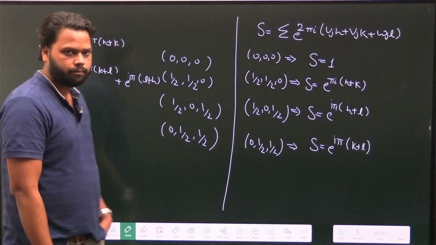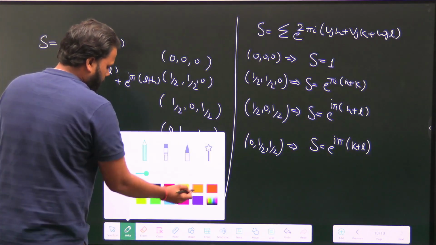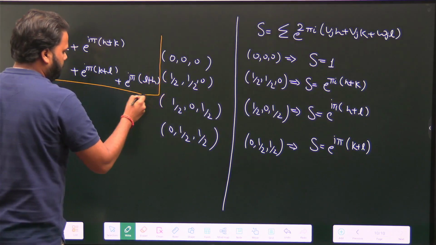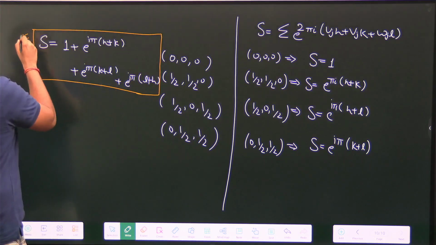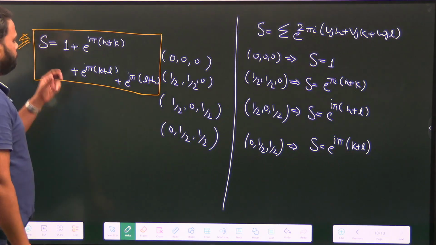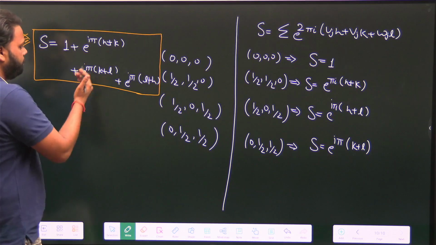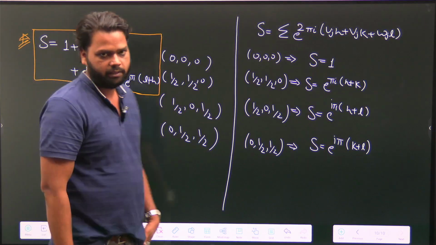Okay. Now this is basically our final expression. S is equal to 1 plus e to the power i pi (h plus k) plus e to the power i pi (k plus l) plus e to the power i pi (h plus l).